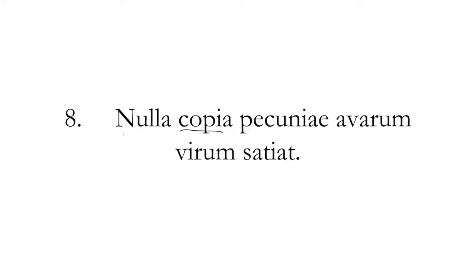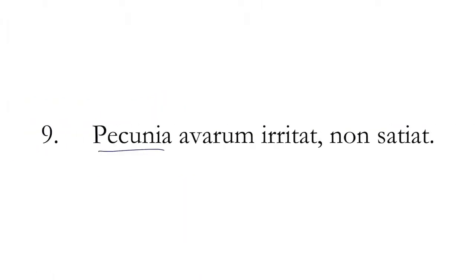Nulla copia. Again, the nulla modifies copia. Again, okay. Admittedly, the first word is an adjective, but the second word, nulla copia satiat. The first, last. All I'm doing is trying to present to you a cheat, a way to understand how Latin sentences are organized. Pecunia irritat.